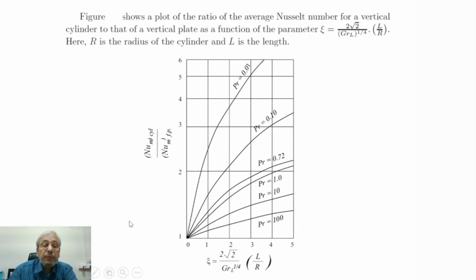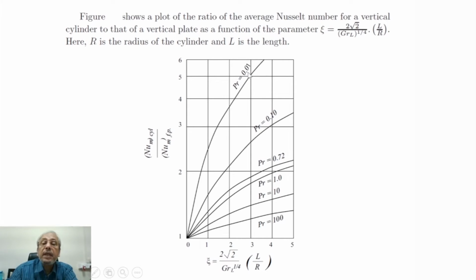So if finding the average Nusselt number for a flat plate is easier, then we can link it to the average Nusselt number for a cylinder for different Prandtl numbers.